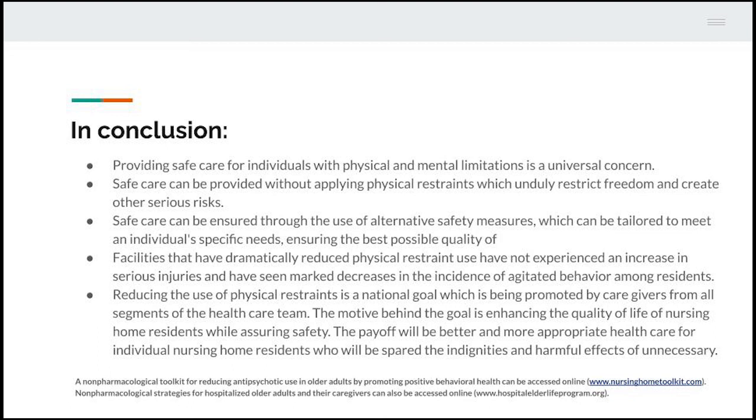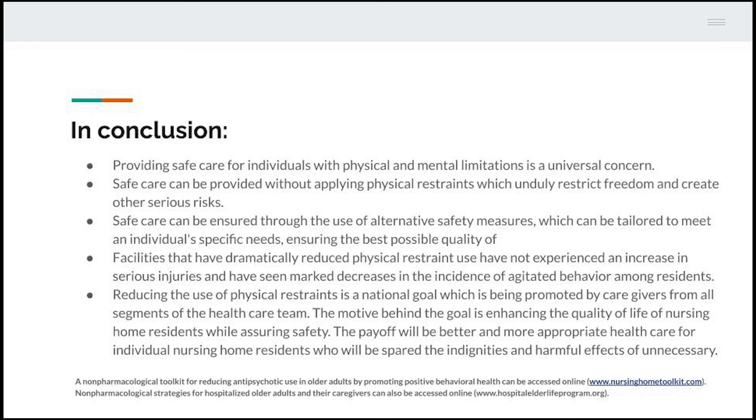Safe care can be ensured through the use of alternative safety measures, which can be tailored to meet an individual's specific needs, ensuring the best quality of life. Facilities that have dramatically reduced physical restraint use have not experienced an increase in serious injuries and have seen marked decreases in the incidence of agitated behavior among residents.